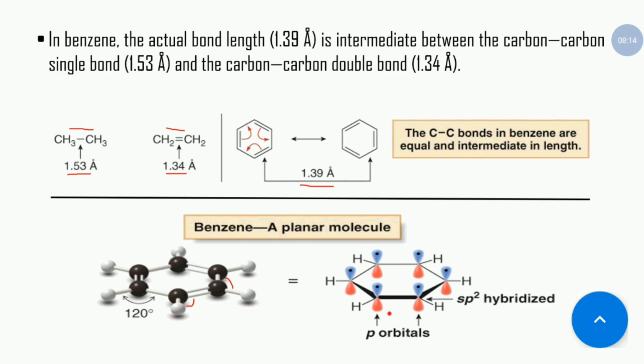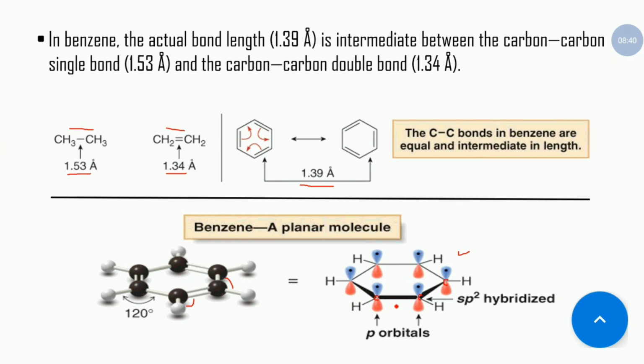And this one shows the hybridization state. You can see that the carbons all have p orbitals. Here there are 6 carbons: here is 1, here is 2, here is 3, and so on, 6 carbons in all.